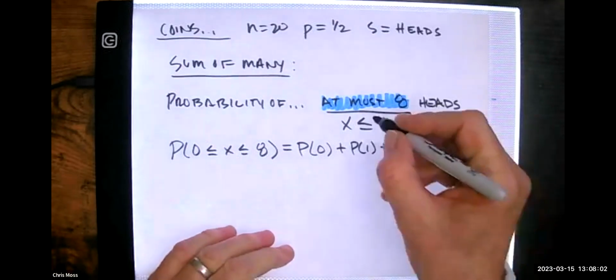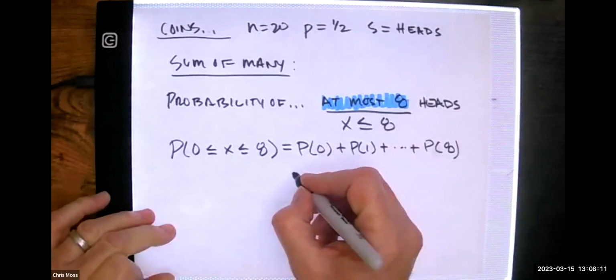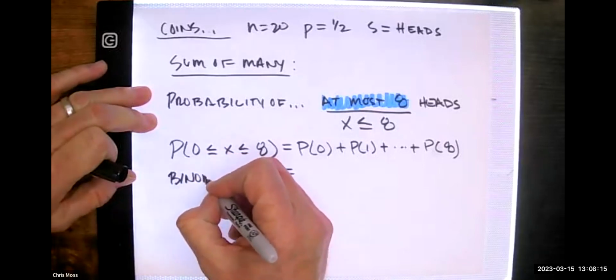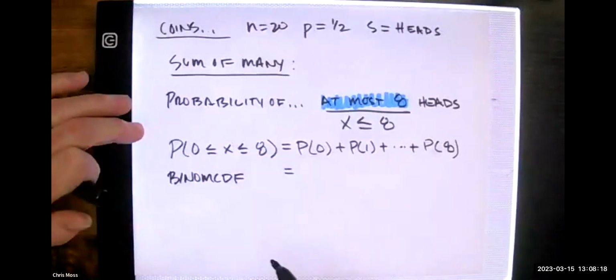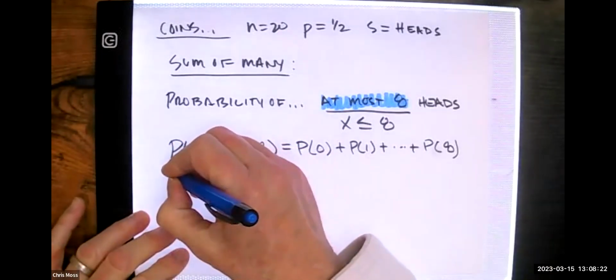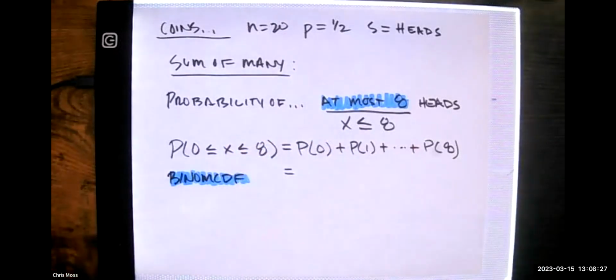And again, I would say that most of the issue people will face is kind of with the language once you figure out how the tool works. So we're going to calculate this with the binomial CDF tool. Let me go ahead and share my calculator screen, and we'll see how this works.